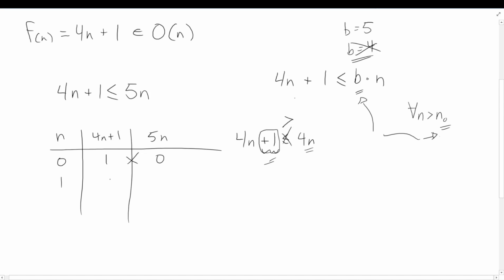But when we get to 1, let's check here. 4 times 1 plus 1, that's 5. 5, in this case, we got an equal to. Let's keep going, just test the waters here. 2, we get 8 plus 1 is 9, and 10. Now we got less than.